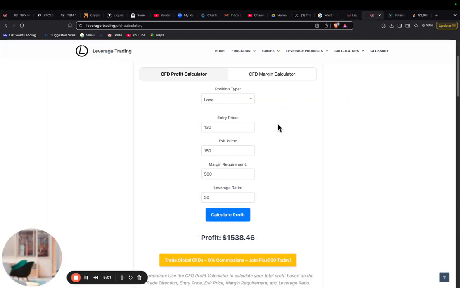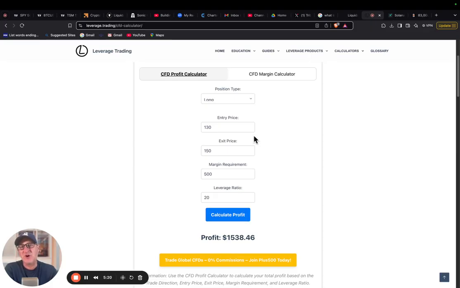Now, if we go across to here, you can see this even more clearly. If the position price was long, you can now calculate what kind of money you would make on a trade. So let's just say the margin requirement was 500, the leverage ratio was 20. That makes it a $10,000 trade.